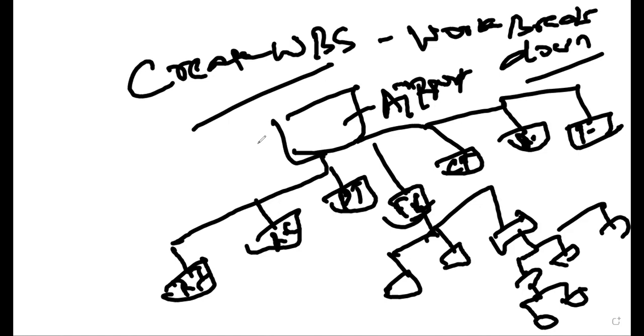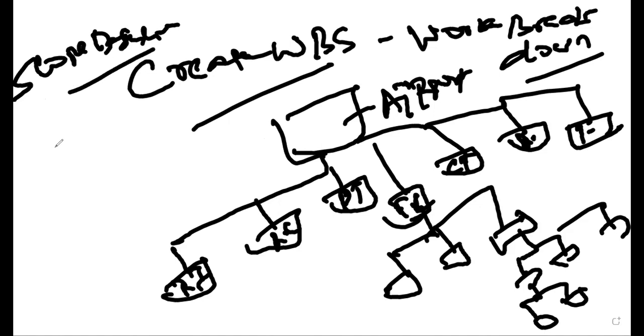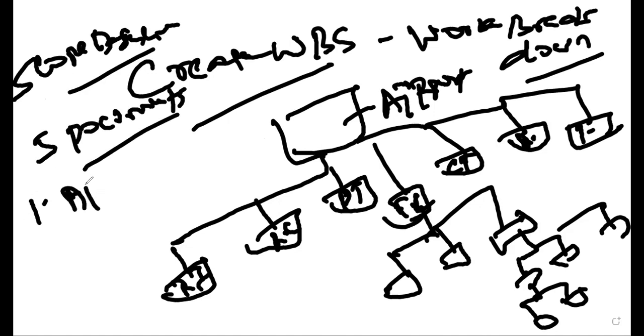Yes, Bala. Okay. So the create WBS is a process that establishes the scope baseline. If anyone asks you what you mean by the established baseline, the scope baseline will have 5 documents. So what are they? The first document is the approved scope statement.